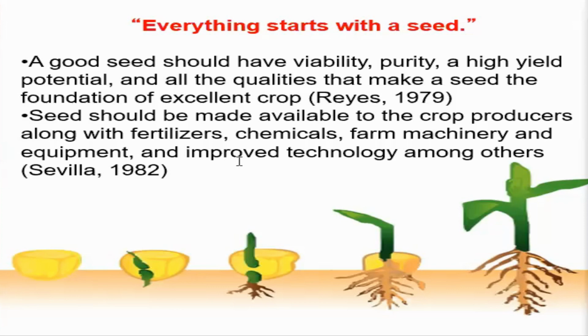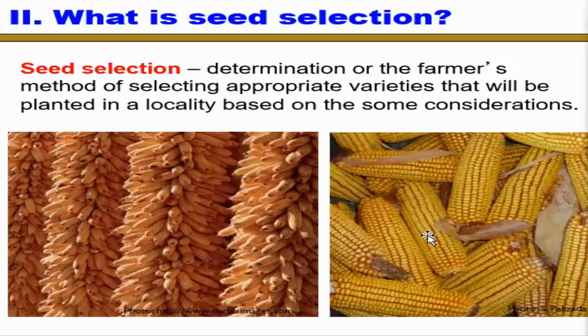As we go along, we have what is seed selection. All farmers have a determination or the farmer's method of selecting the appropriate varieties. You cannot plant a certain kind of corn without knowing your seed selection.